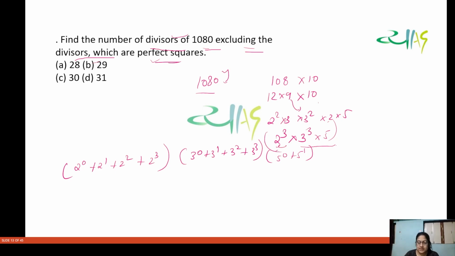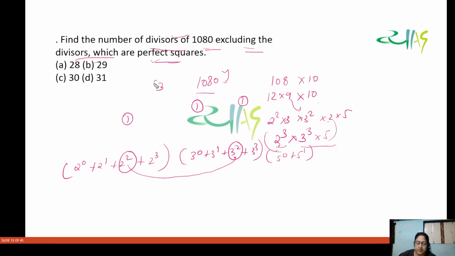So now let's see which will be the perfect squares. This 2 square will be a perfect square. This 3 square will be a perfect square. And what else? When these two get multiplied by each other, that will also be a perfect square.